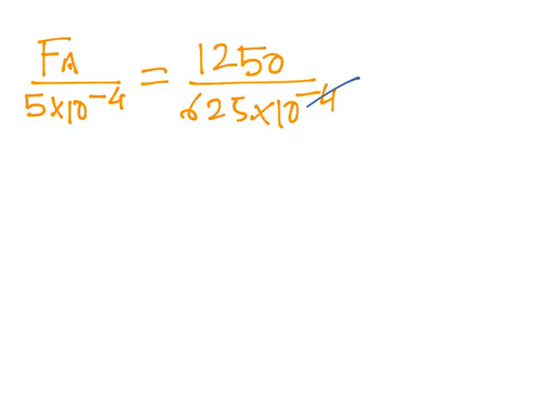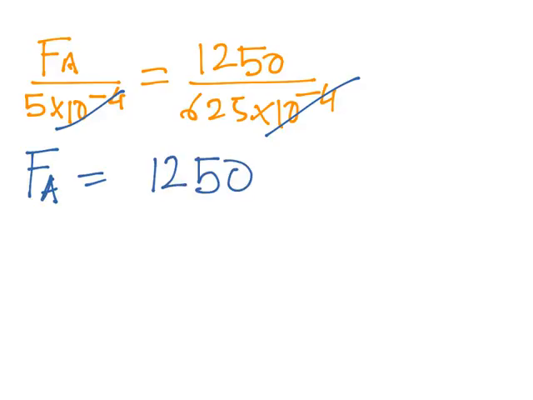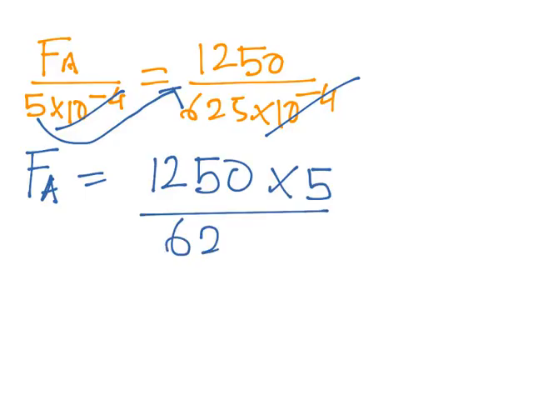The same terms on both sides get cancelled out. What remains is FA equal to 1250, and by cross multiplication, into 5 by 625.